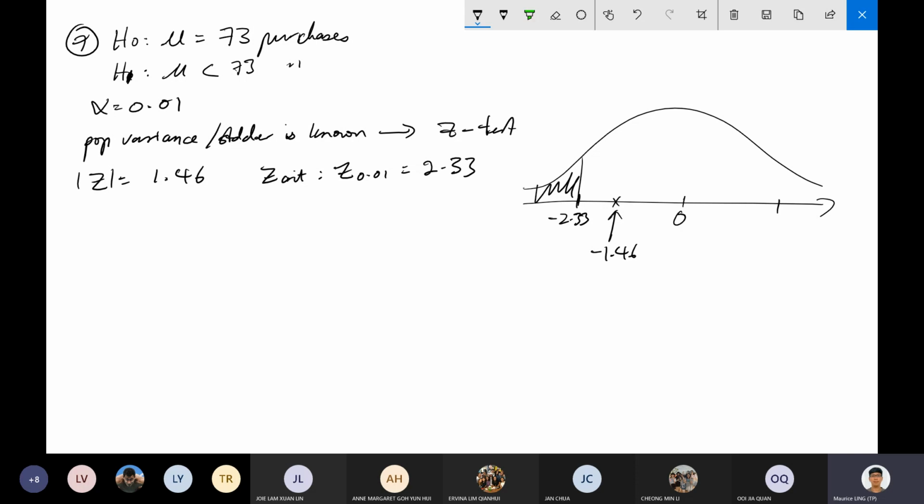It makes your life a lot easier. So your statistic is less than the Z critical, you fail to reject the null hypothesis. Okay, and then you carry on.